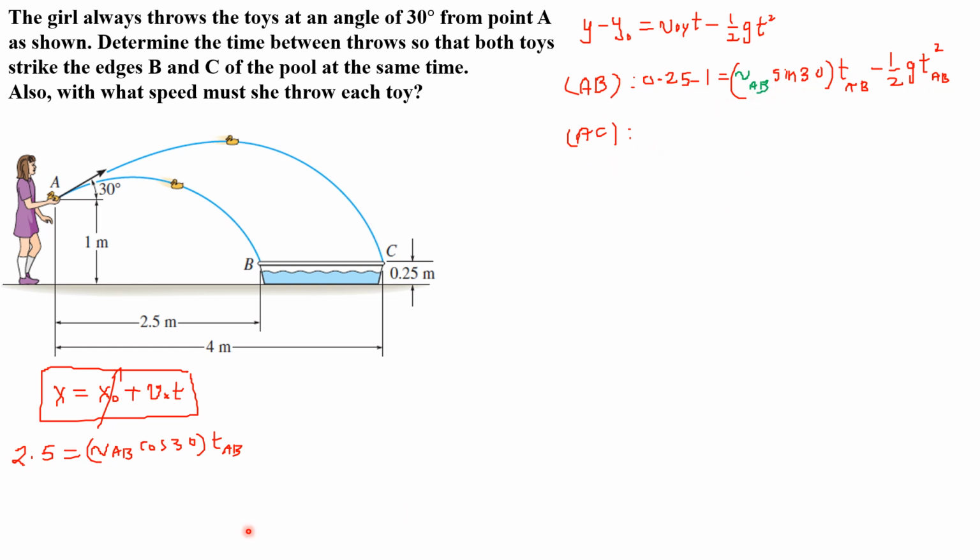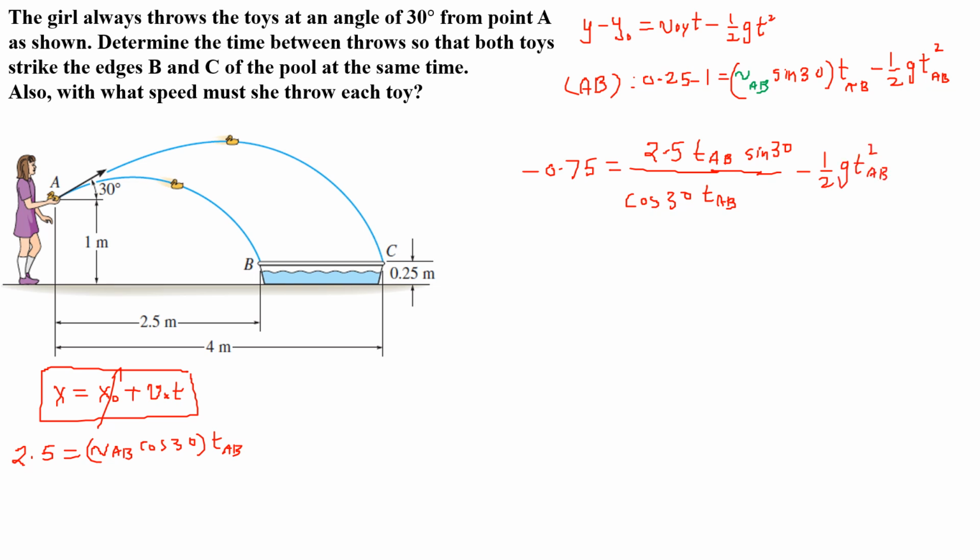Now if I replace the velocity VAB into the first formula, I have 0.25 minus 1, which is negative 0.75, equal to 2.5 divided by cosine 30, times TAB, times sine 30, minus half g TAB squared. TAB will simplify, so I can find TAB directly.